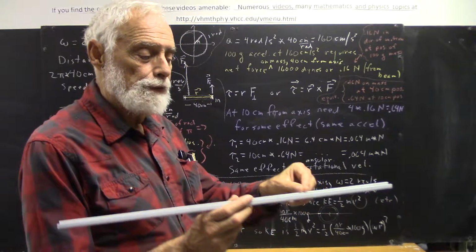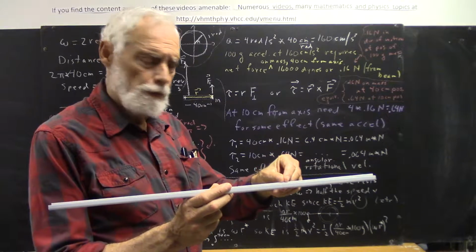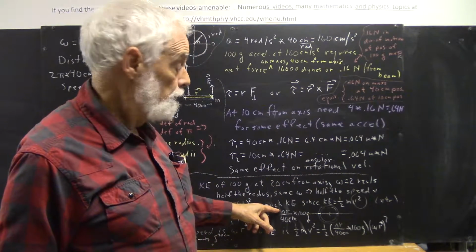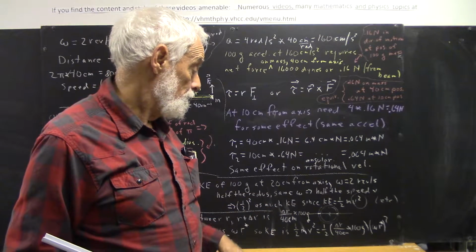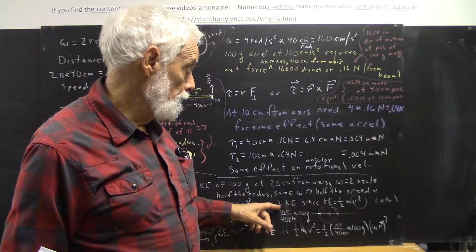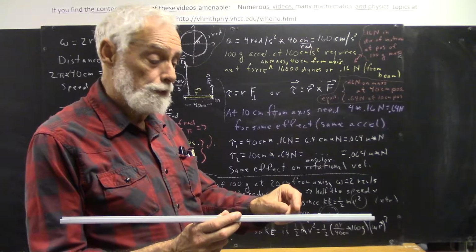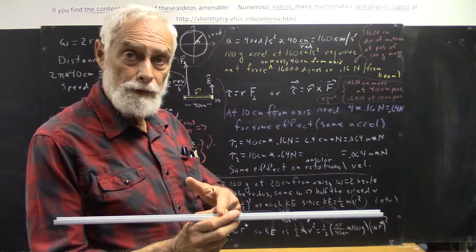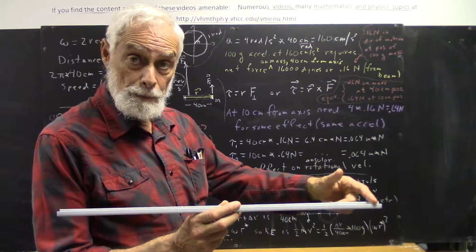How much of the mass is in that short interval if the interval has length delta r? Well, we just take delta r divided by 40 centimeters and multiply that by the mass of, let's say, this half of the beam.